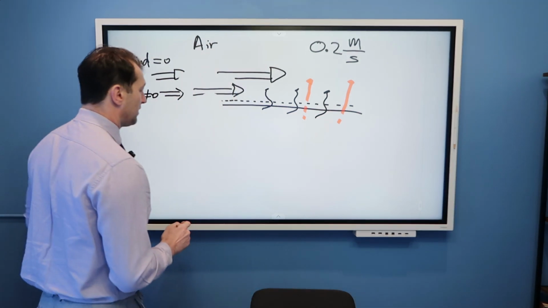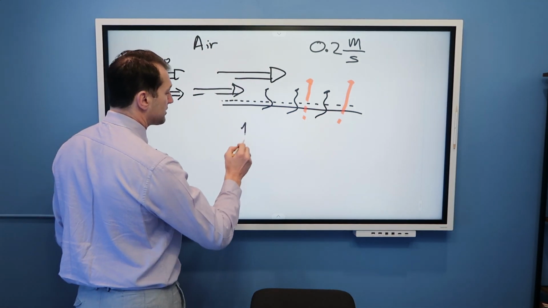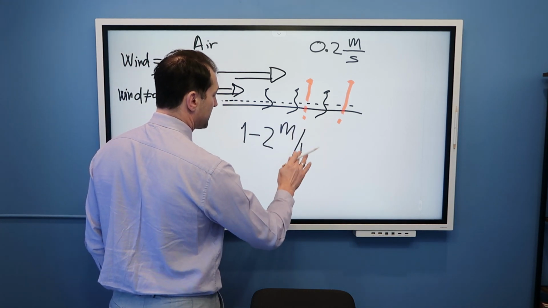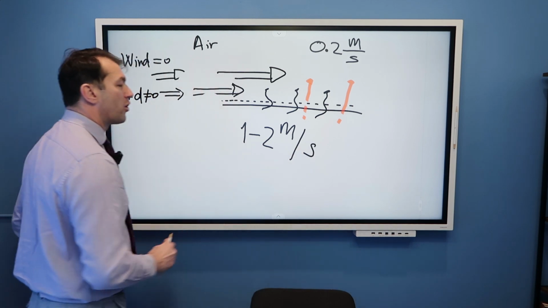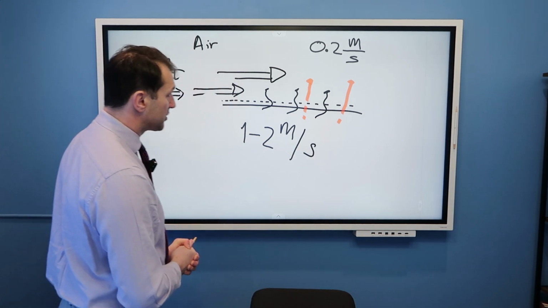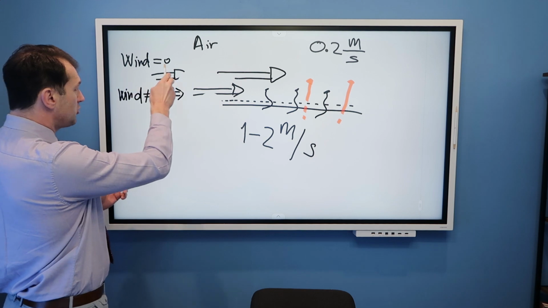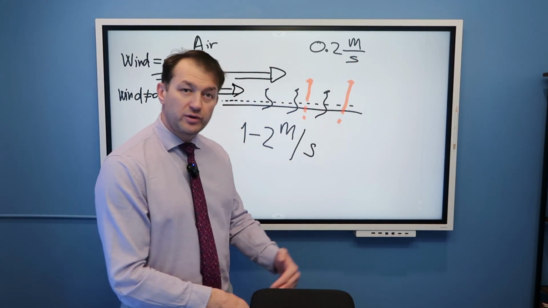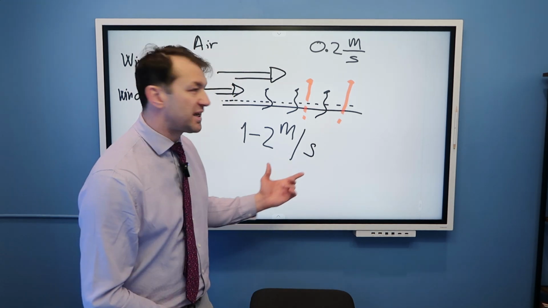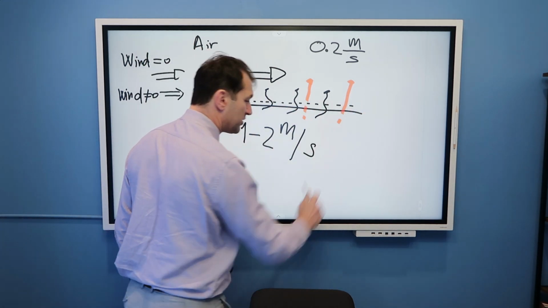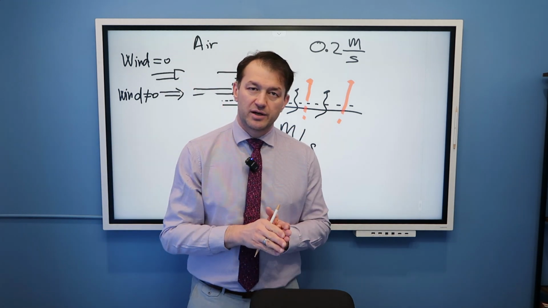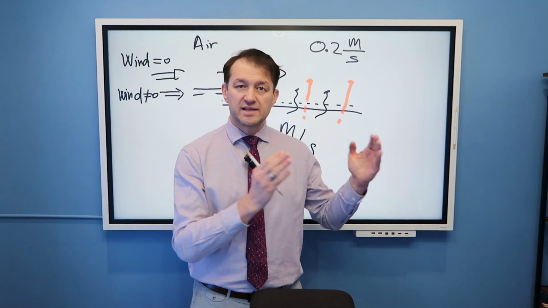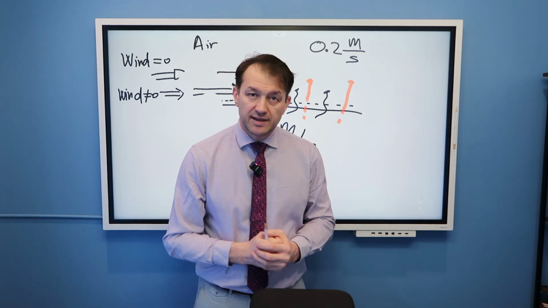This is very important because the average speed of human walk is between 1 and 2 meters per second, 1.4, 1.5 meters per second on average. So that means even if there is no wind and you are walking down the street, relative to you there is wind of 1 to 2 meters per second. And that is already enough to start reducing the thickness of the boundary layer and therefore promote heat loss through sensible heat loss and latent heat loss.